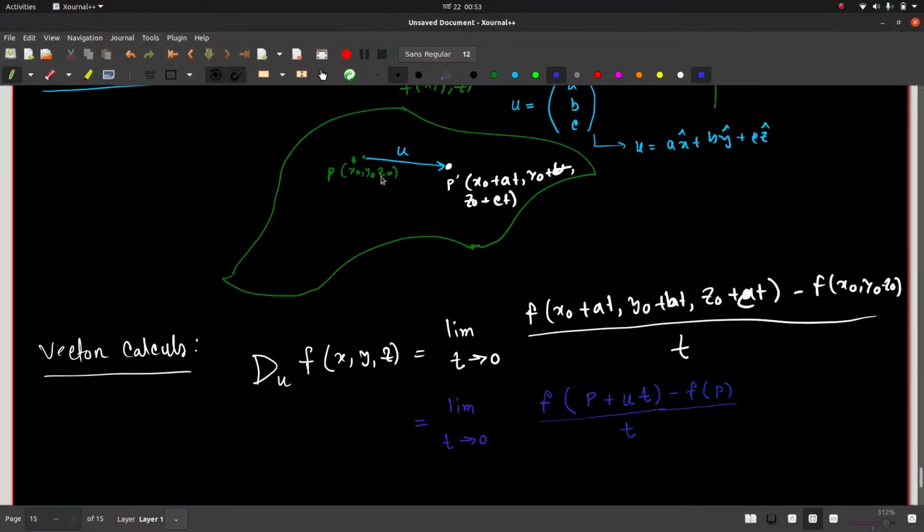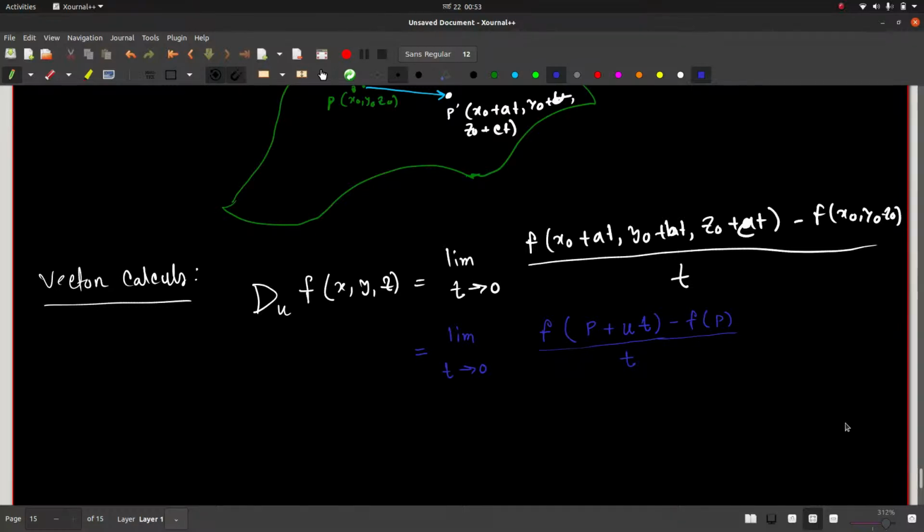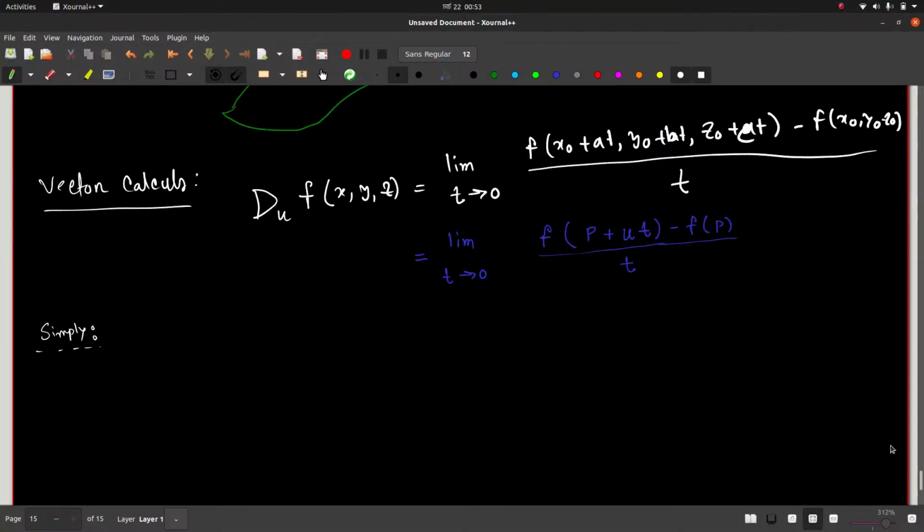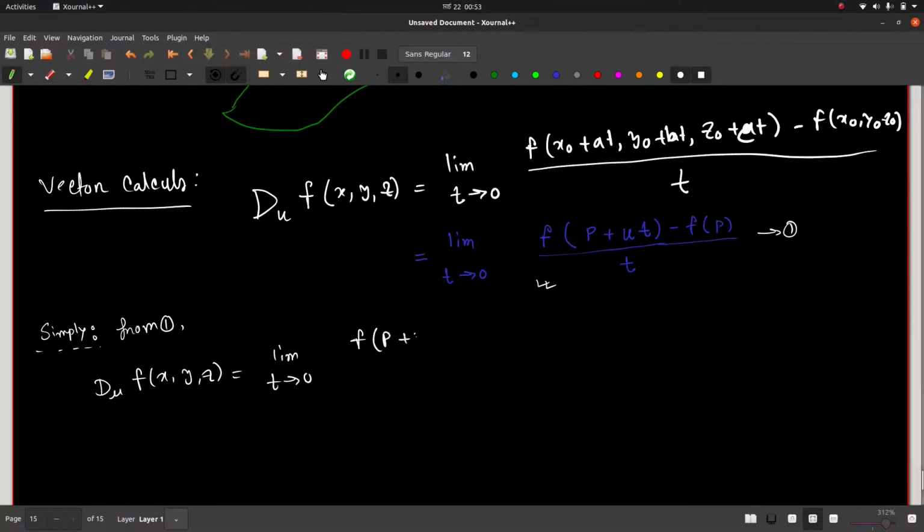But working in this way, it becomes a bit tough to evaluate these limits. So we have to do a little bit of algebra to simplify this definition, and we want to see whether we can compute something that is easier than evaluating this limit. Let's call this equation 1. From 1, we see that the directional derivative is given by the limit as t goes to 0 of f of p plus ut, minus f of p, over t.